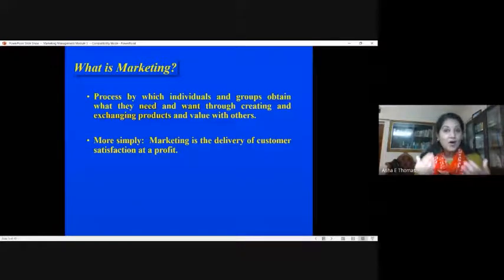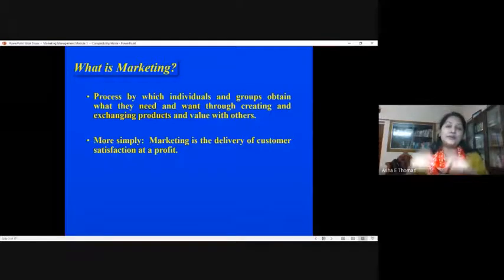The importance of that concept came up with the terminology called wealth maximization. That is earning profit with the support of customers, giving them the best possible, and trying to sustain and stay in business for the long run.